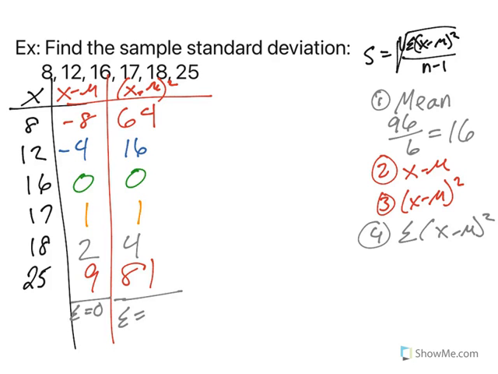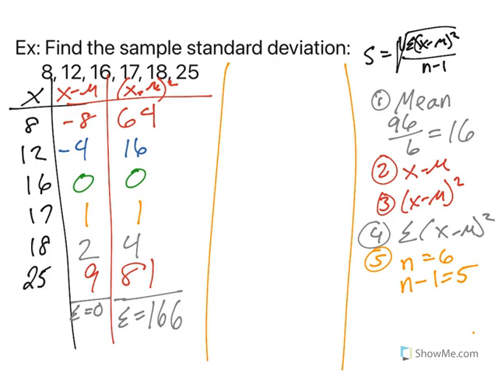When I add those together, 64 plus 16 plus 1 plus 4 plus 81, I get 166. Because we're dealing with a sample, we know that n is 6, so n minus 1 is 5. So in our formula, s equals the square root of 166 over 5.